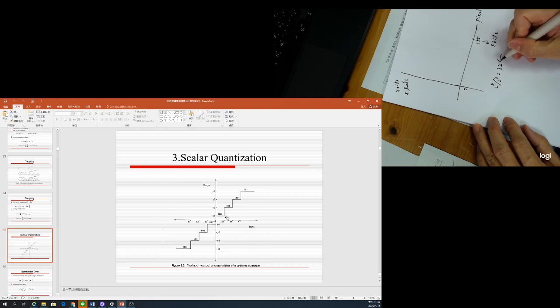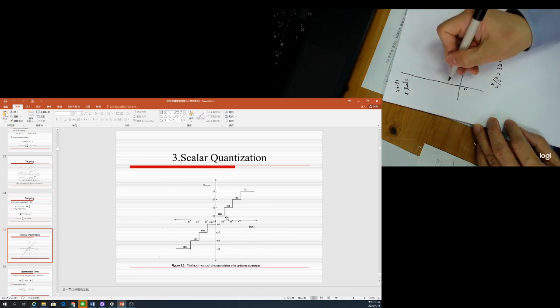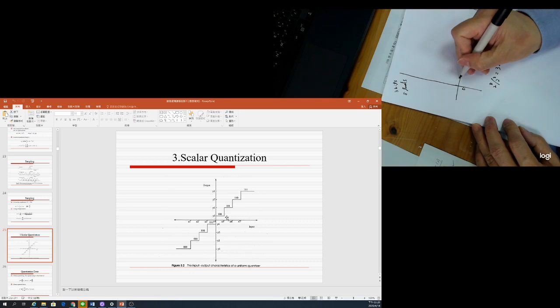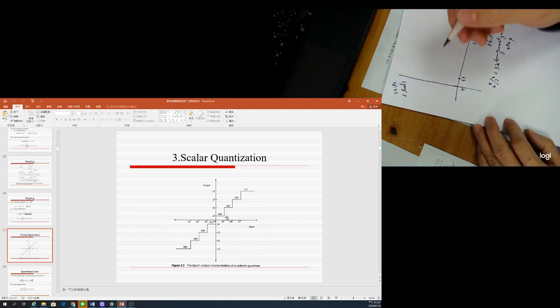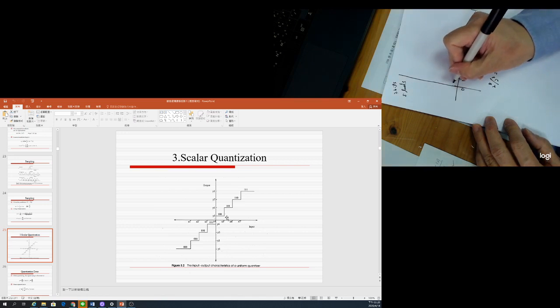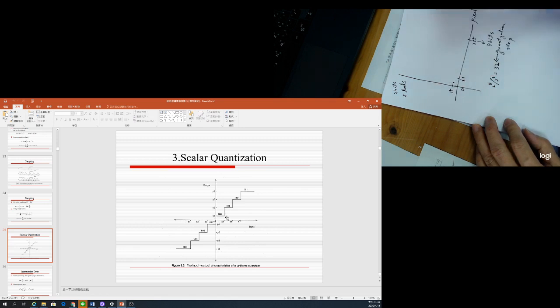We call this the quantization step. You can see here, if the value is 0 to 31, the represented quantization level will use 15 to represent it.